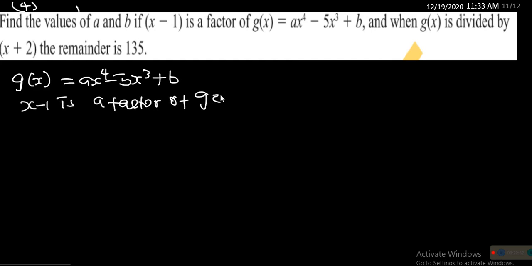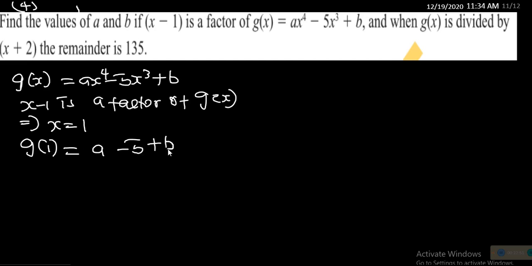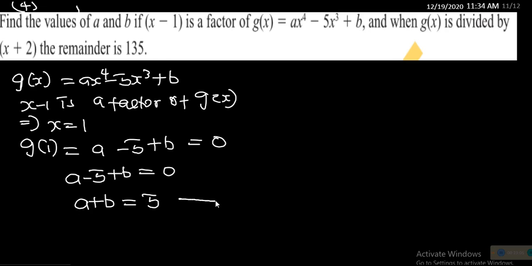From the equation, it implies that x equals 1 and that g of 1 equals a minus 5 plus b, which equals 0. So a minus 5 plus b equals 0 because x minus 1 is a factor, so g of 1 will be equal to 0. So a plus b equals 5. Let's call this equation 1.